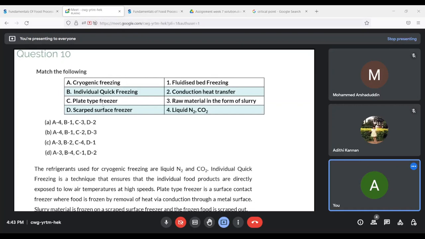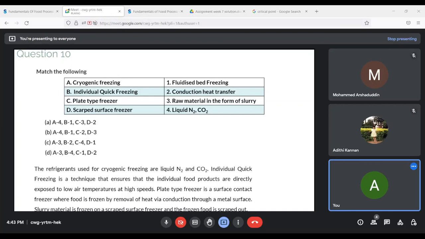In case of scraped surface freezer, you are actually sending in the raw material in the form of a slurry. So this happens very much in case of ice creams also. So you'll have a very slurry kind of a material that will pass through your freezer. Sorry, just a minute. Yeah. So you'll have your ice cream being passed into the freezer, and you'll have the outside of your freezer being circulated with the refrigerant.